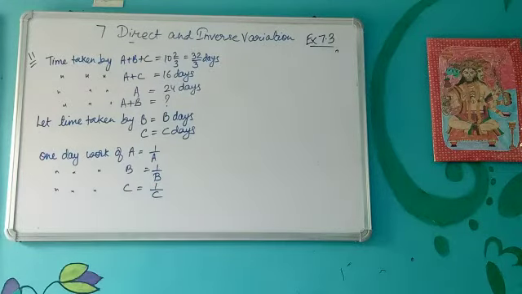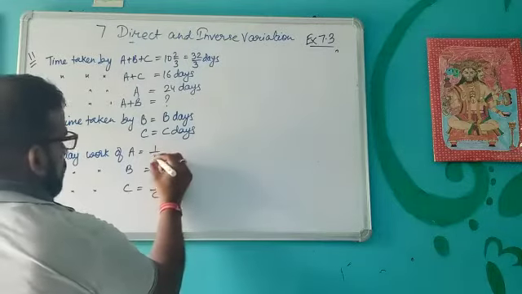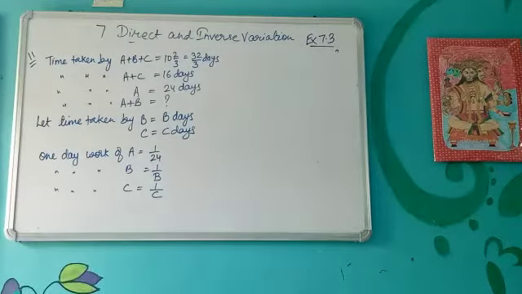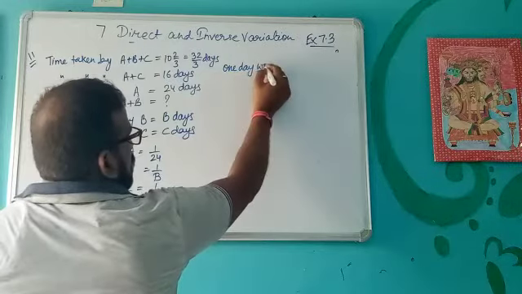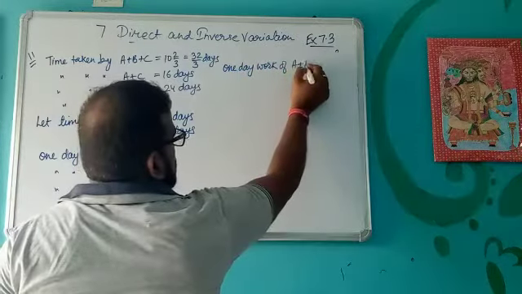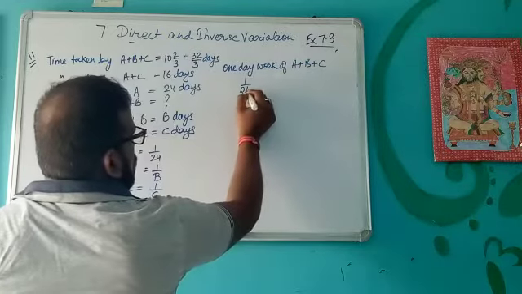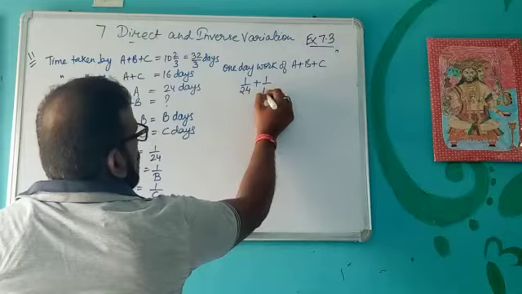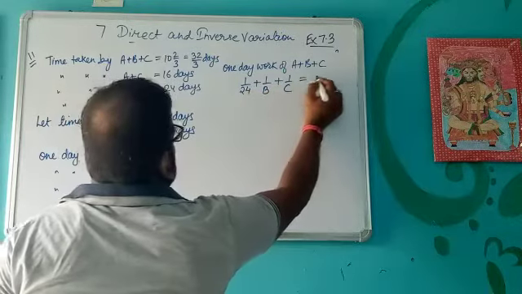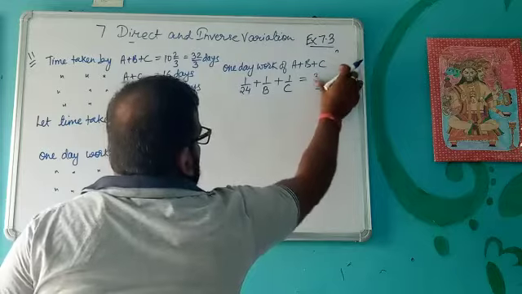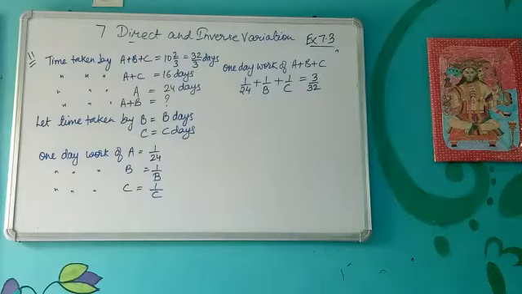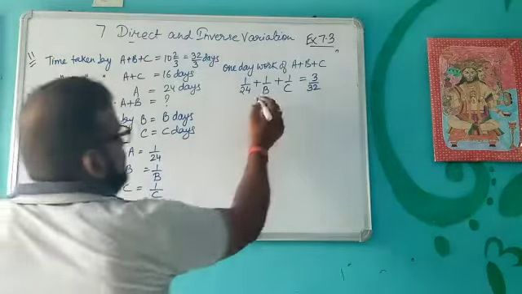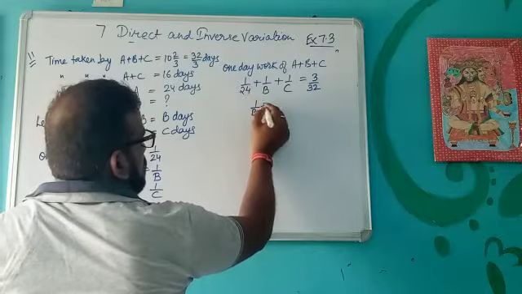Now 1 upon 24. We will use this condition first, time taken by A, B, C. So we will calculate one day work of A plus B plus C, that is 1 upon 24 plus 1 upon B plus 1 upon C, which will be equal to 3 upon 32.